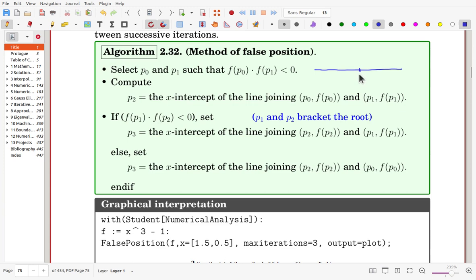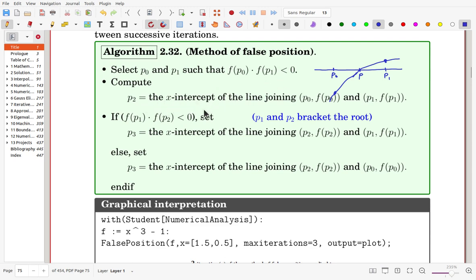So p is here, then we choose initial values p0, one on the left hand side and the other on the right side, like that. Here maybe the graph of f is given in this way. Then the value over there is negative, the value over here is positive, so that is satisfied.